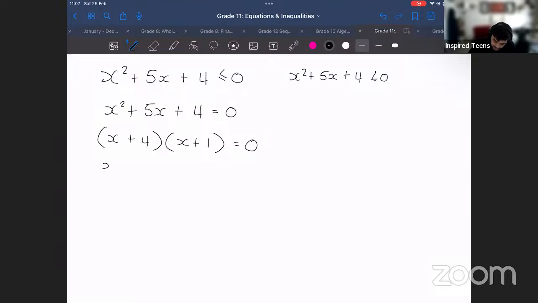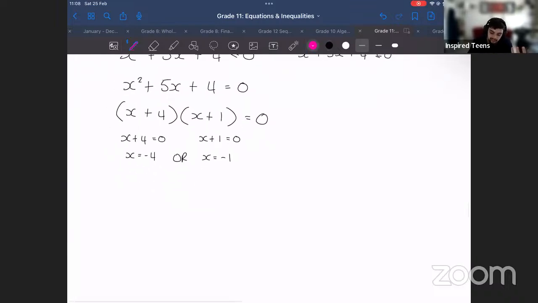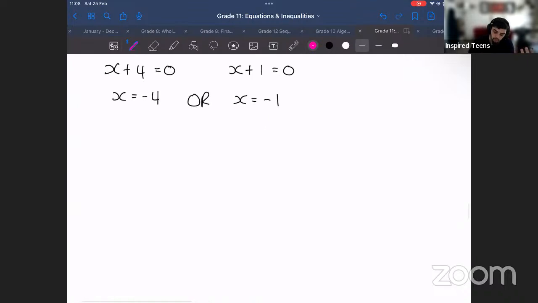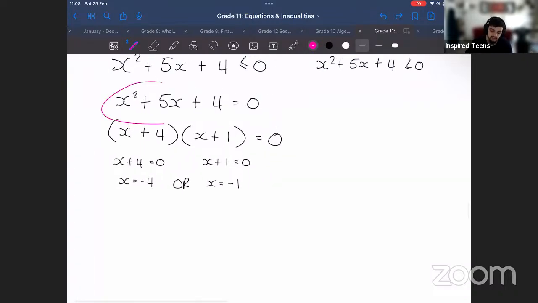I then need to equate each factor to 0, and I'm going to have x is equal to -4 or x is equal to -1. Now I have identified the values that make this expression 0.